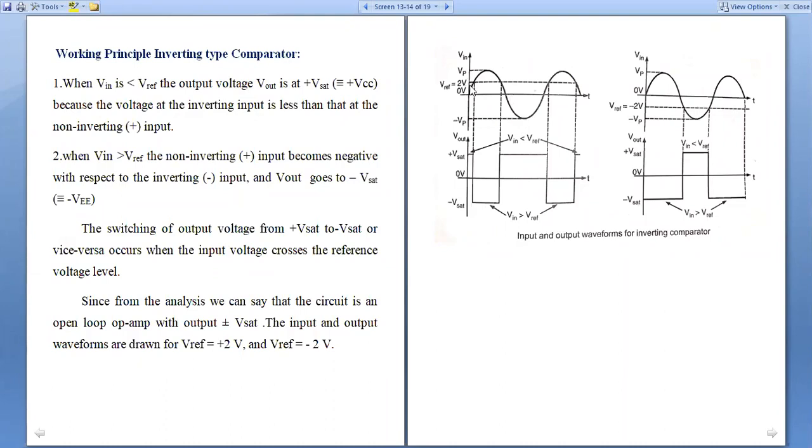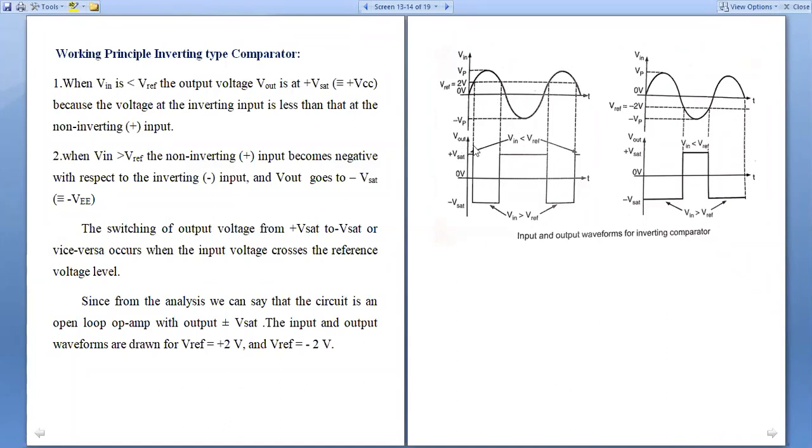We know the condition: if the input voltage is less than the reference voltage, V out is plus Vsat, that is equal to plus VCC, because the voltage of the inverting input is less than the non-inverting input.